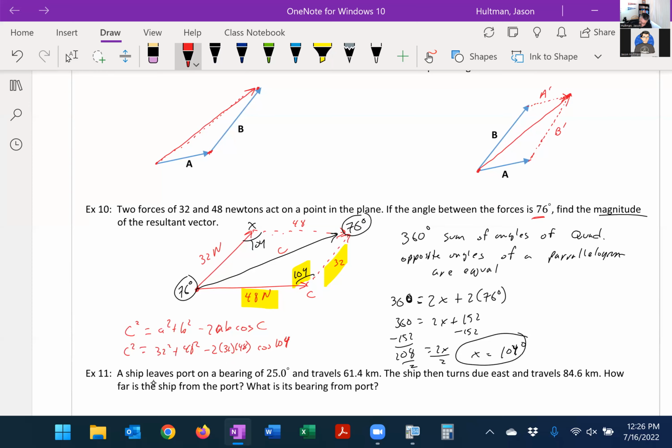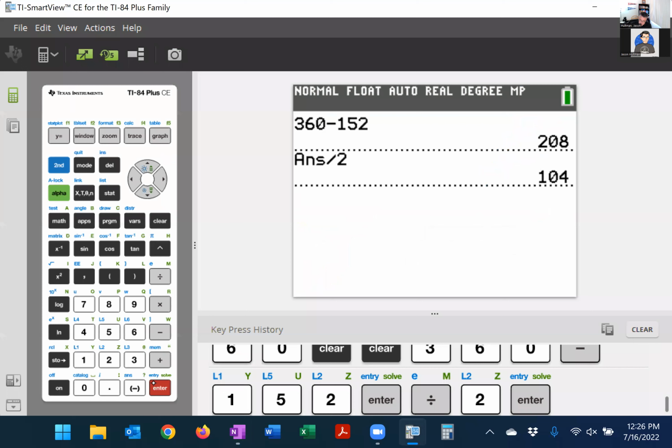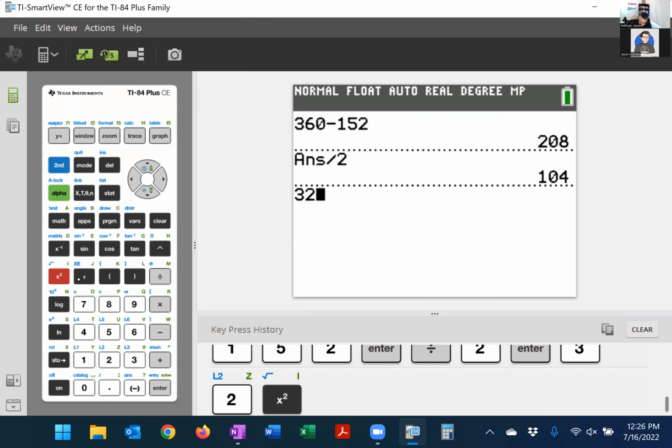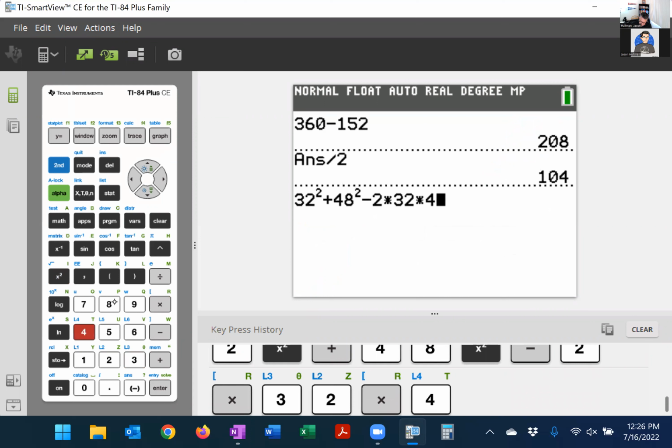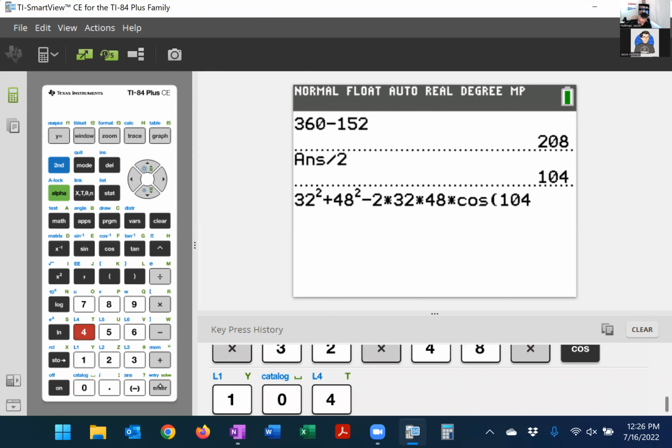There we go. And so C squared is equal to, plug this in my calculator, 32 squared plus 48 squared minus 2 times 32 times 48 times the cosine of 104.